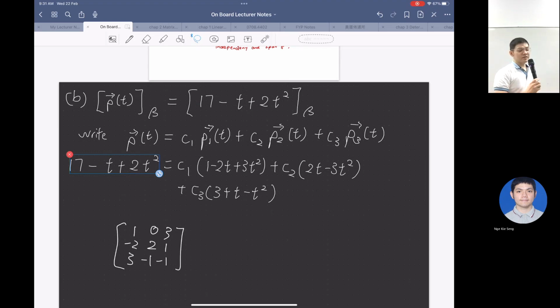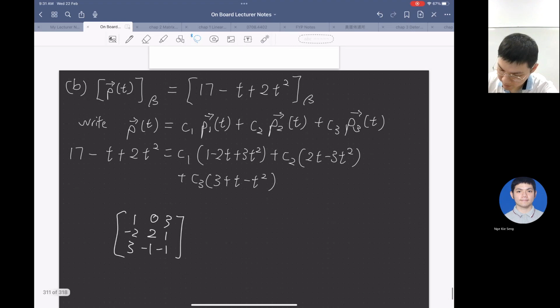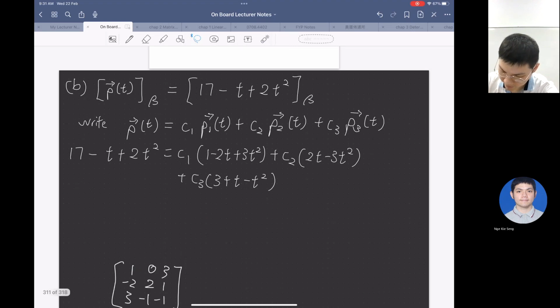So this is what we did yesterday. We expand it, and then we collect the like terms corresponding to degree 1, degree 0, and degree 2, the coefficients. But today we can just set up the coordinate vectors.